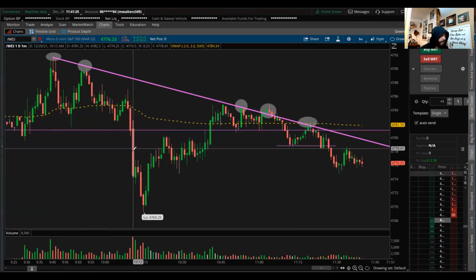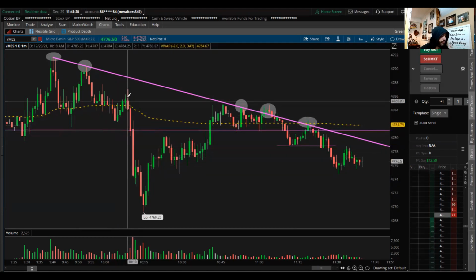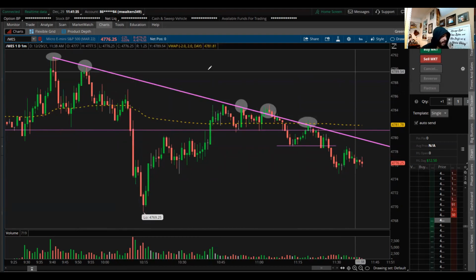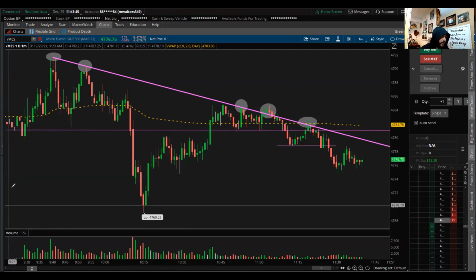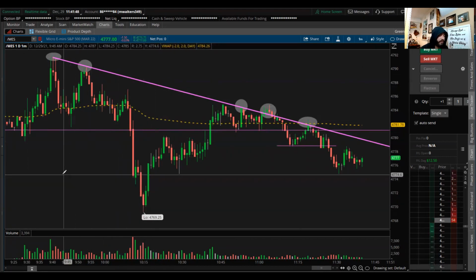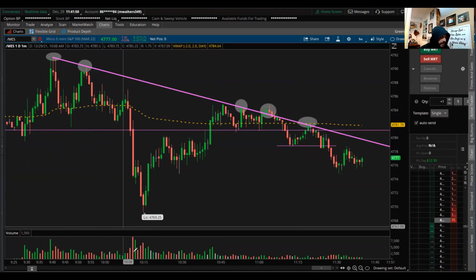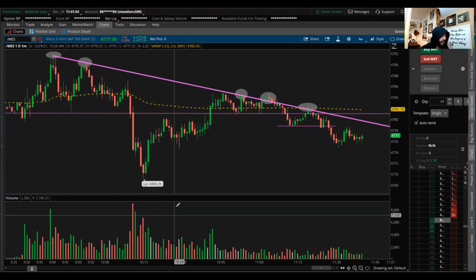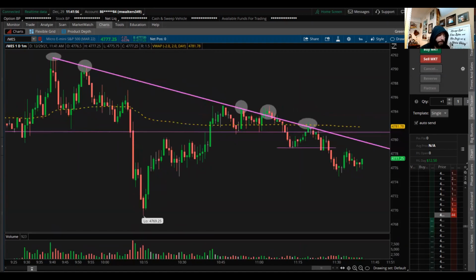When you see these huge red bars, we went from a high of 47.87 all the way to 47.69 in 5 minutes. This is algorithms. That's institutional selling. You can see here on the volume profile, huge sell orders going through.